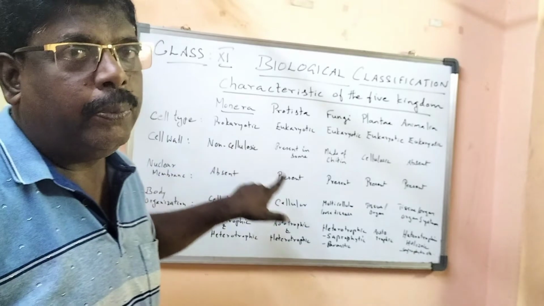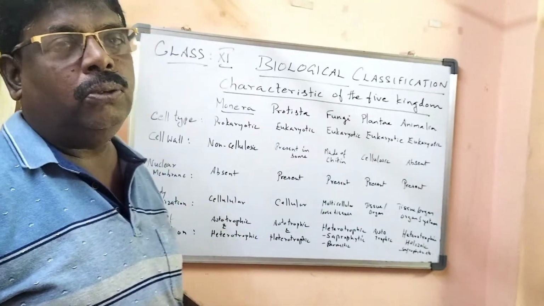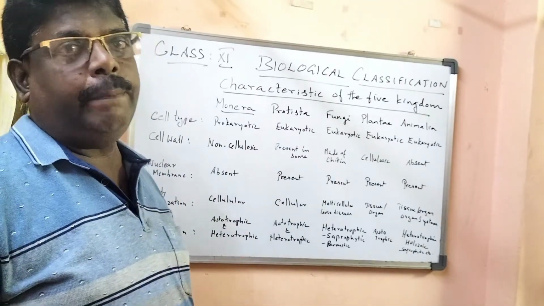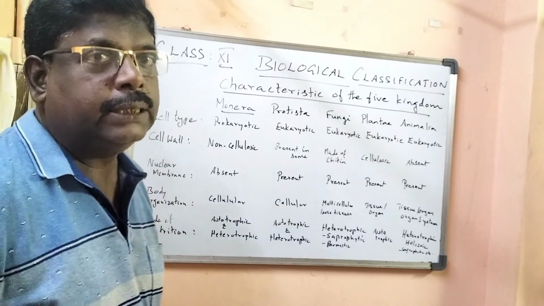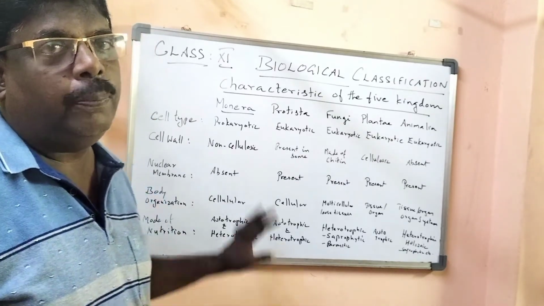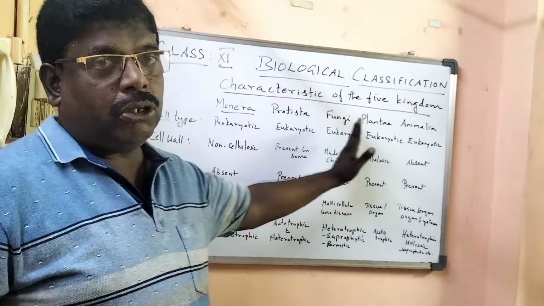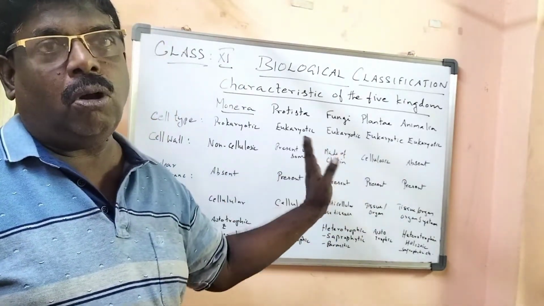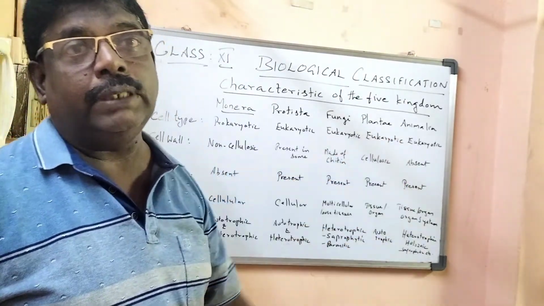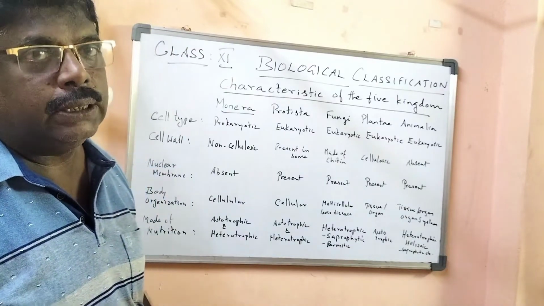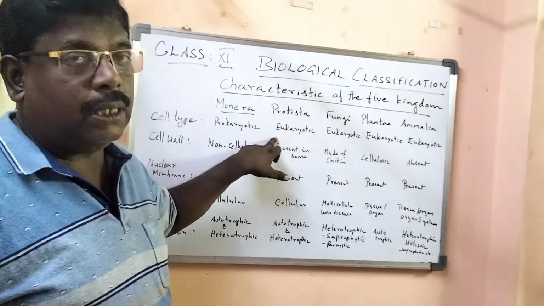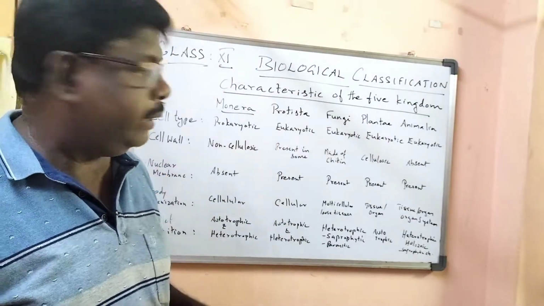Monera alone are prokaryotes. In prokaryotes the nucleus is not well developed, with no nuclear membrane and no nucleolus. It is called a nucleoid. The rest are eukaryotic. Eu means true. All these have a true nucleus with nuclear membrane and nucleolus. So only Monera is prokaryotic.